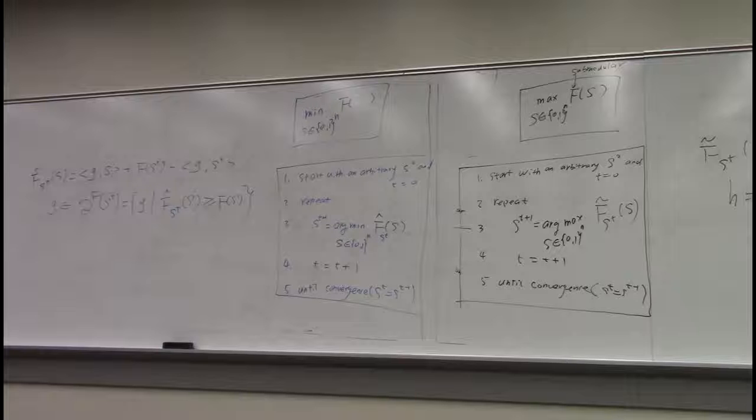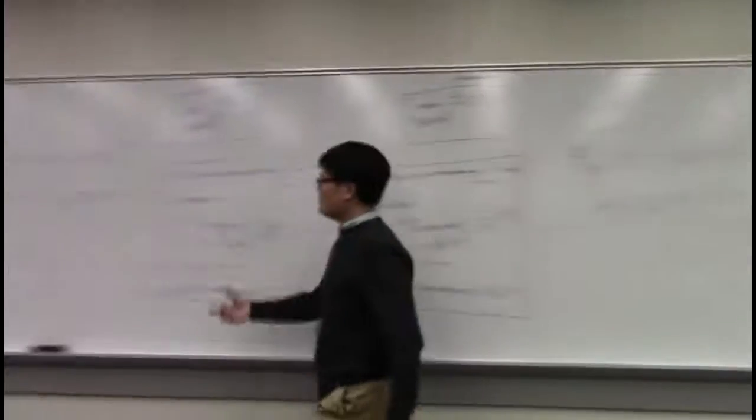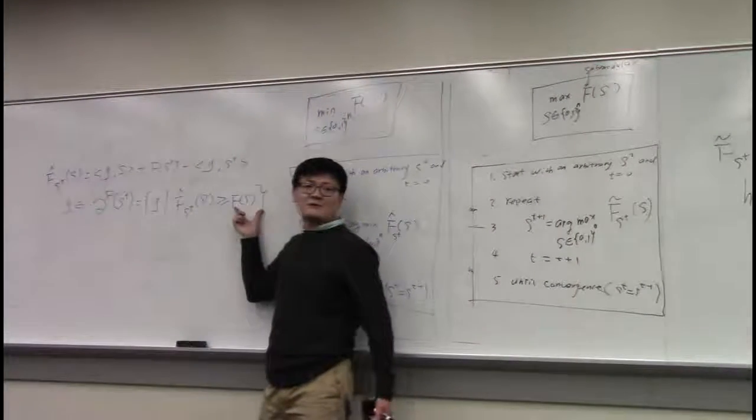On the left. So can you compare the upper bound condition on the left with the lower bound condition on the right? Right? So this function must be a lower bound of the true function. And this function must be an upper bound of this function, right? You follow?